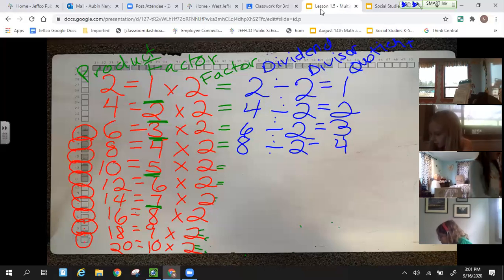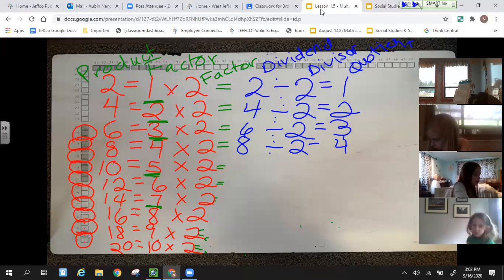I'm going to give you a minute to catch up, but hopefully you're seeing more patterns. This is a good time to practice those division symbols. So the big number is always going to go first.